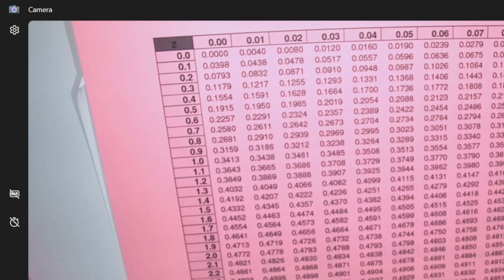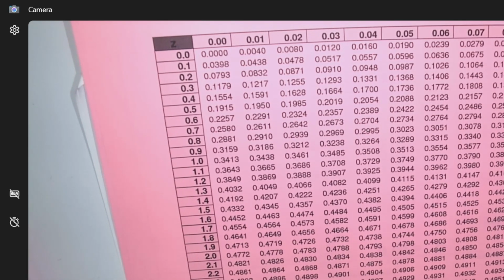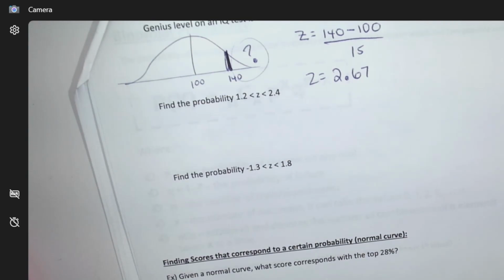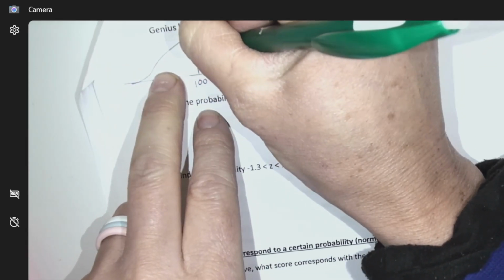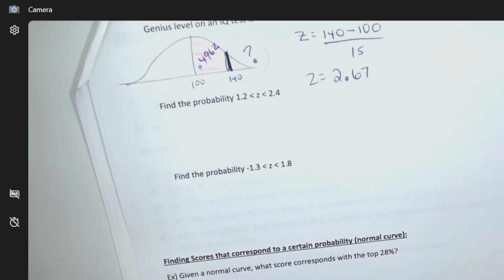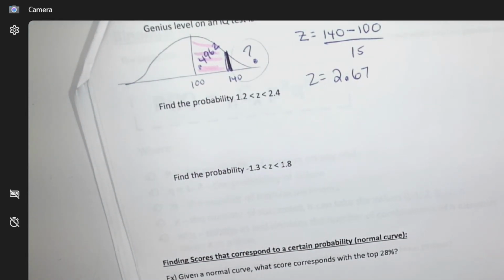Are you at 49.62? 2.67, so 4962. So that is what? That is your position to the middle. From you to the middle, that's how much of the people are in there.